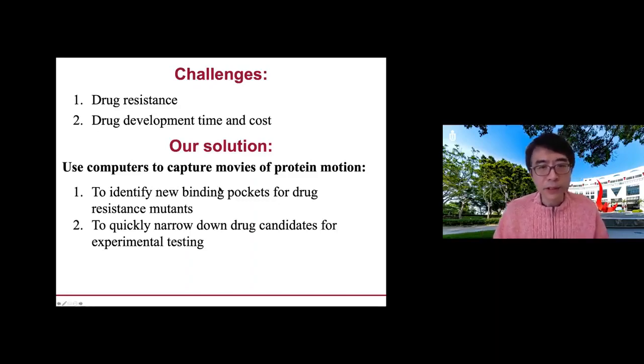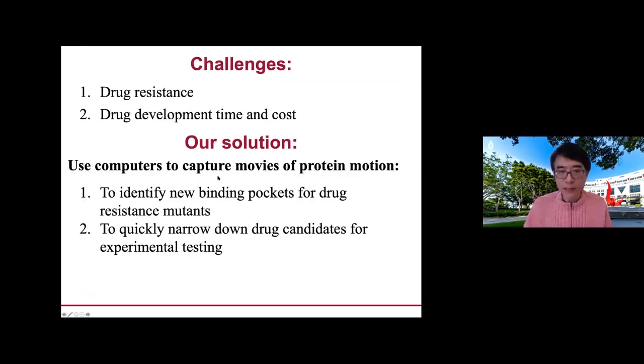So in this talk from now on, I'm going to introduce how we can use computers to help address these 2 challenges, to help address the drug resistance mutation and to help address the drug development time and cost, right? So what we do is we try to use computers to capture the protein motion, the movies of the protein motion.